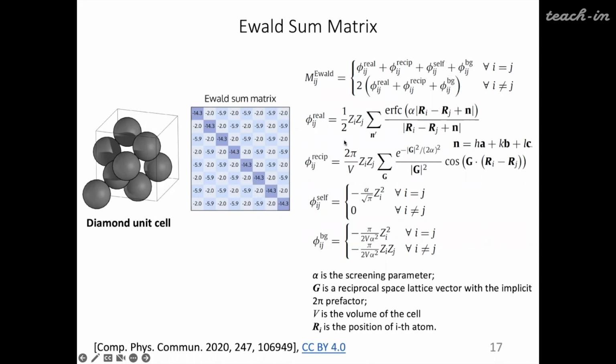Here we can compute the real part by accounting for interatomic distances in a periodic cell. And next, we can compute the background part that does not depend on interatomic separations.